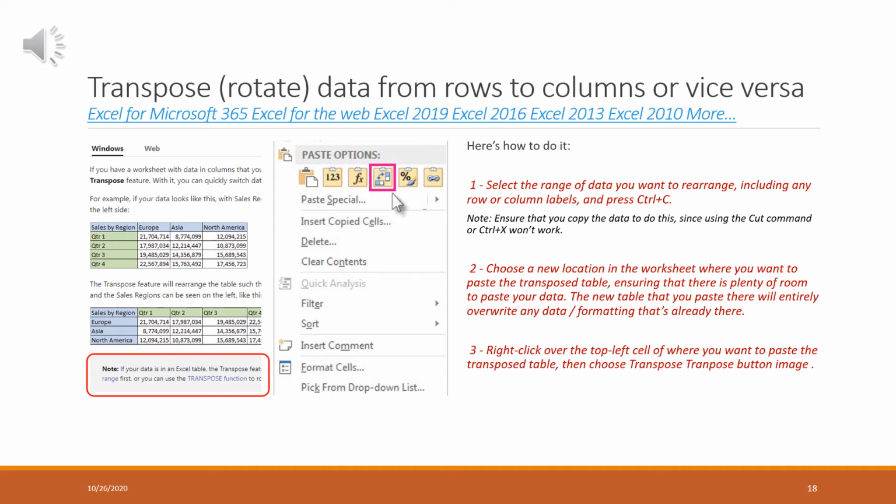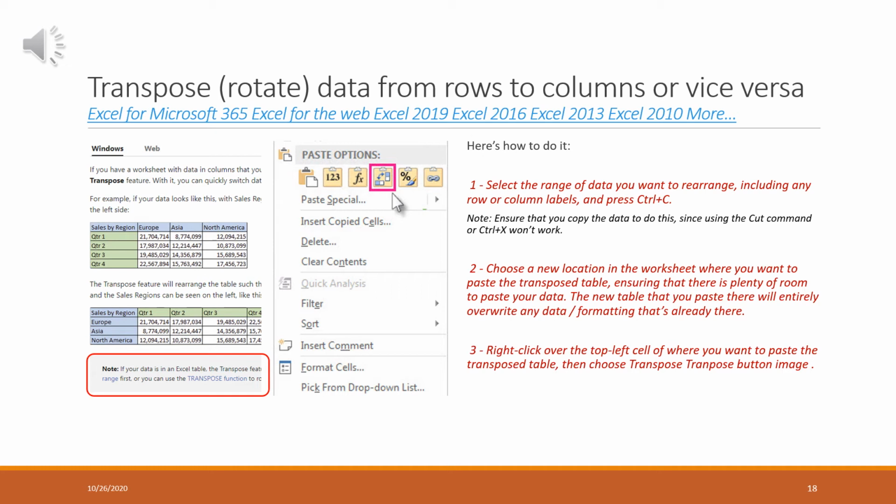You might want to change rows with columns and have the sales by region on the vertical line, and then the quarters on the horizontal line. This is called transposing a matrix, transposing a range of data.